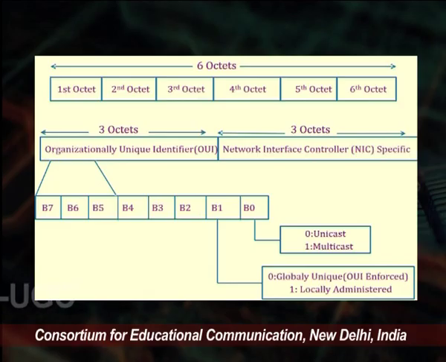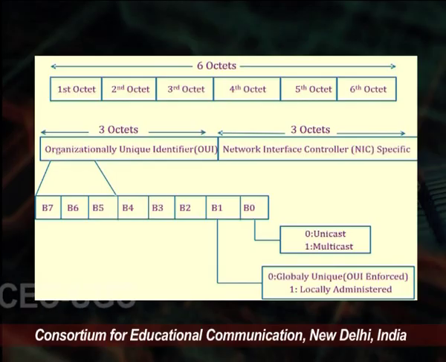If it is 0, it is globally unique, and if it is 1, it is locally administered. When we look into the types of MAC addresses, which are unicast, multicast and broadcast, we will be looking into this format as well.